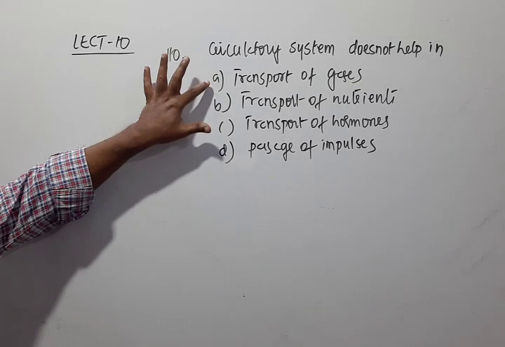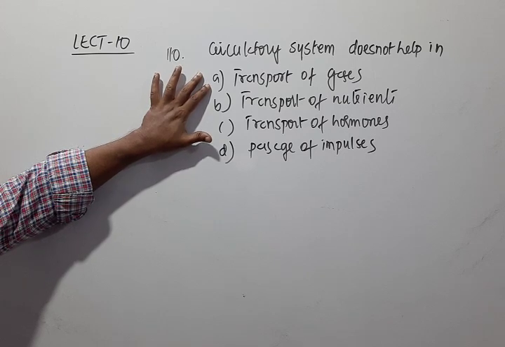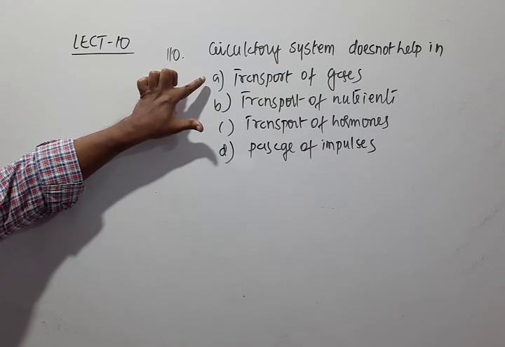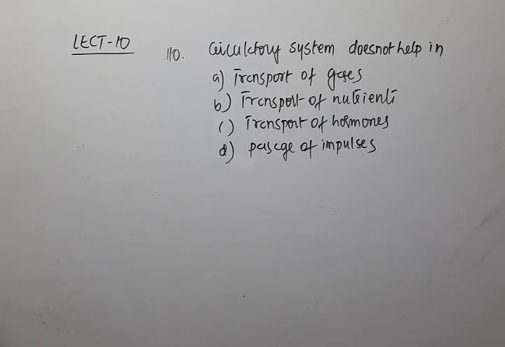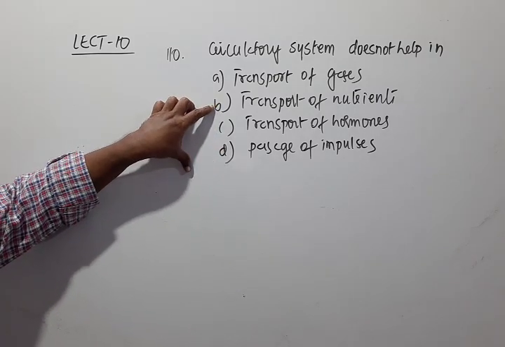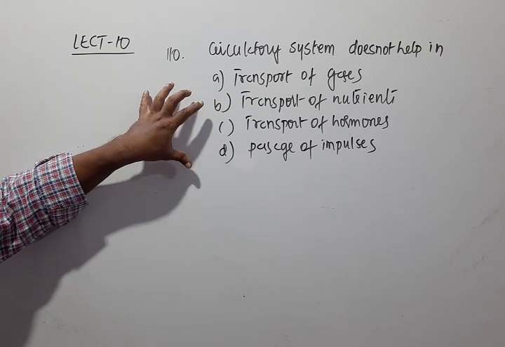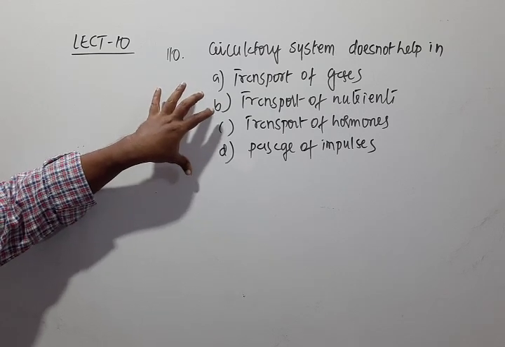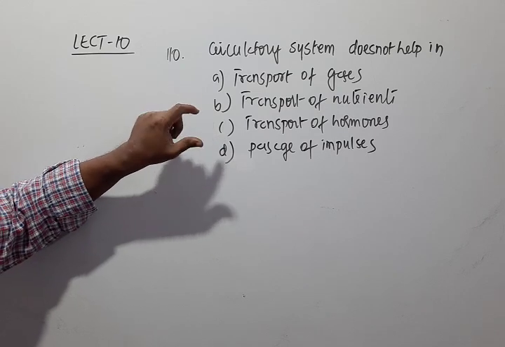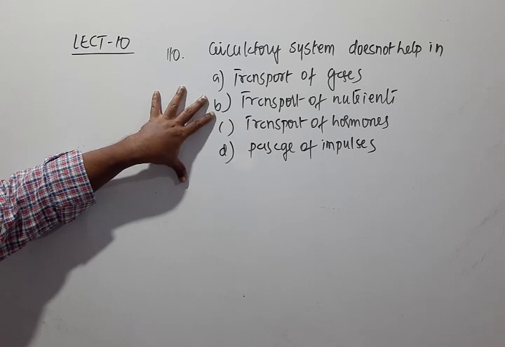The circulatory system consists of the blood flowing through the blood vessels, so it transports the gases, that is the respiratory gases, oxygen and carbon dioxide. Then the blood also transports the nutrients, the glucose, amino acids, fatty acids and glycerols, everything. And even the excretory products are transported by the blood. So transport of nutrients it does.